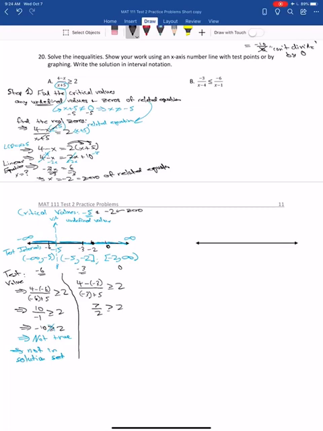I've got 7 halves, and 7 halves is 3.5. And 3.5 is greater than or equal to 2, so this is a true statement. So that implies solutions, and we have to include this set. So all x values greater than -5 and less than or equal to -2 are in the solution set.